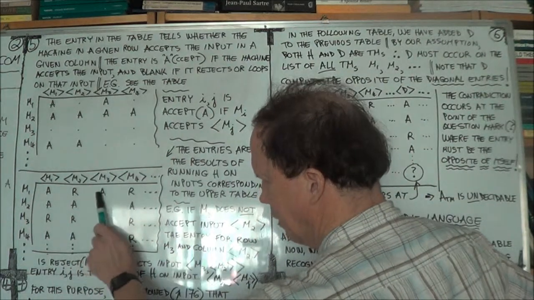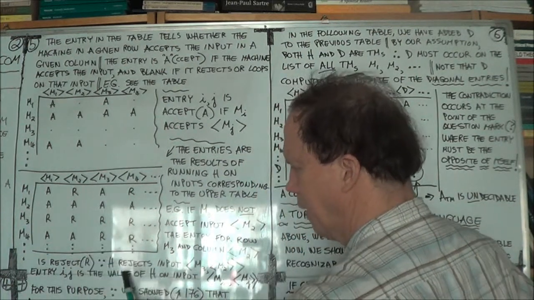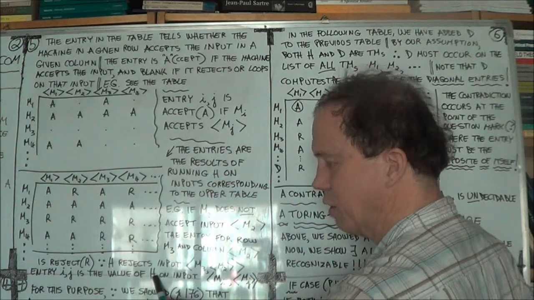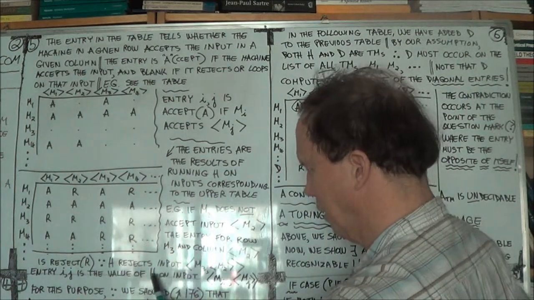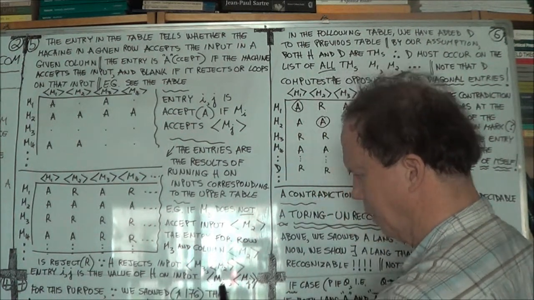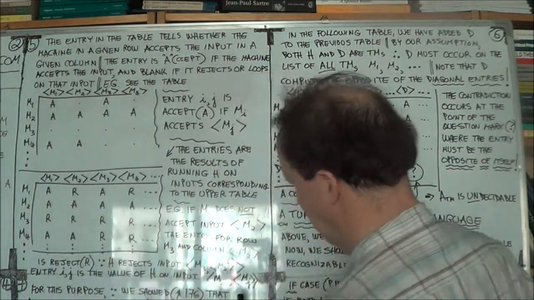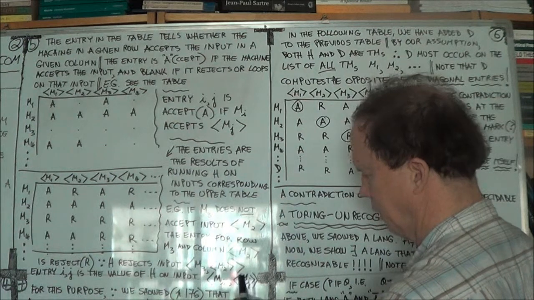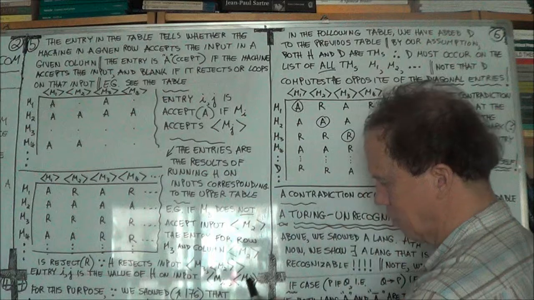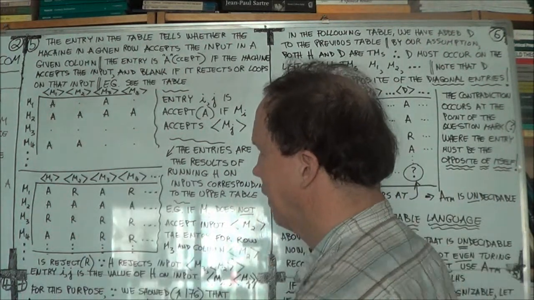So the entry, the ith row, jth column, that's the value, accept or reject, of how H, the Turing machine H, would decide on the input of the ith machine, the ith row here somewhere, and the jth column, and that's the string that goes in, the description of the jth machine, right?